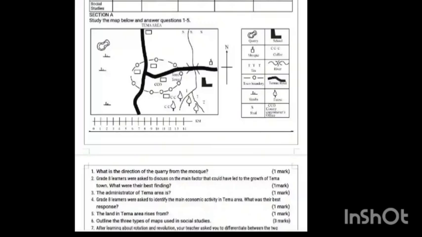When we look there, we can see some buildings. I can also see the CCO, which is the County Commissioner's Office. So it could have grown as a result of administration services. Or someone else could say because of residential, because of those blocks.